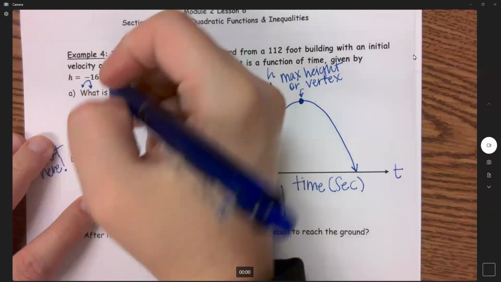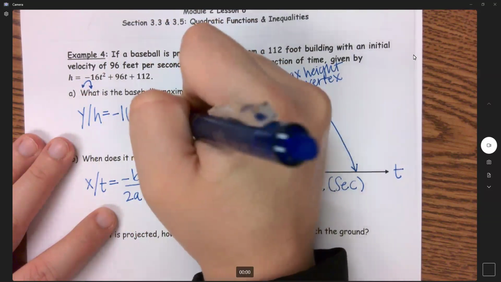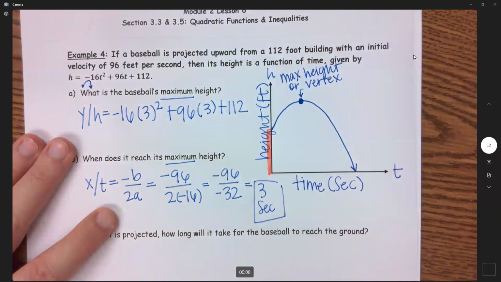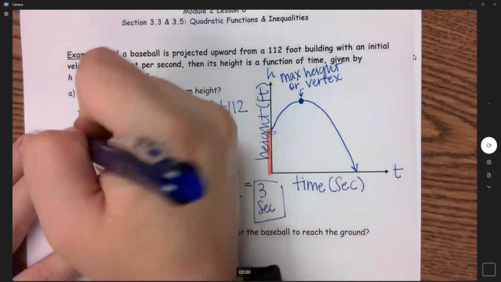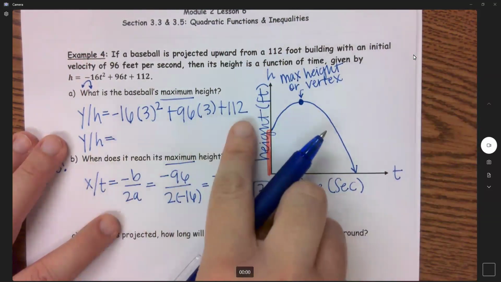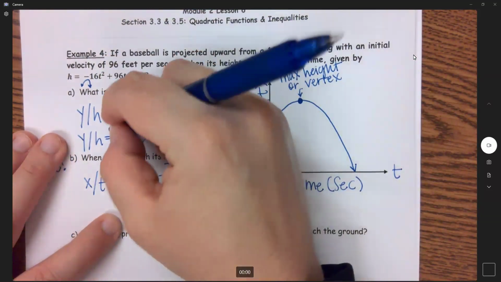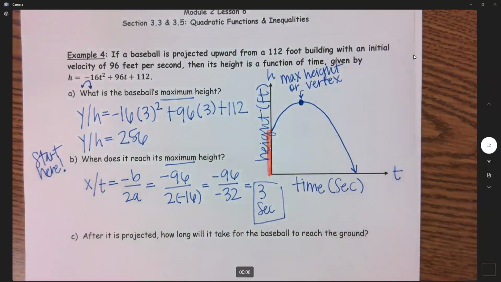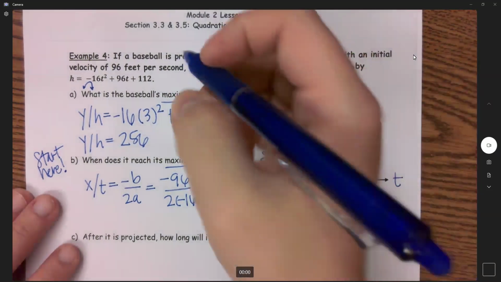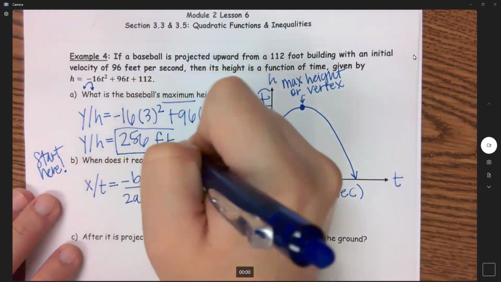So we've got negative 16 times 3 squared plus 96 times 3 plus 112. Put that all in your calculator just the way it looks, and we get 256. Again, word problems need word answers, or at the very least units. This height is measured in feet, so it has reached 256 feet.